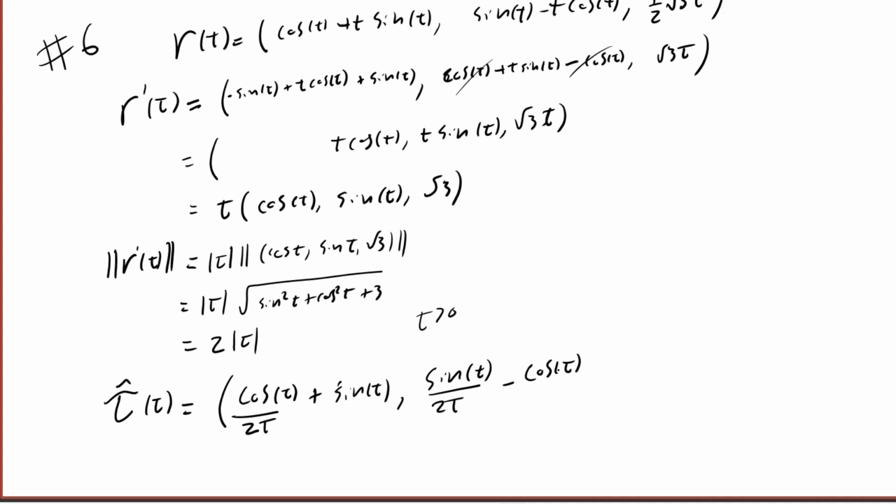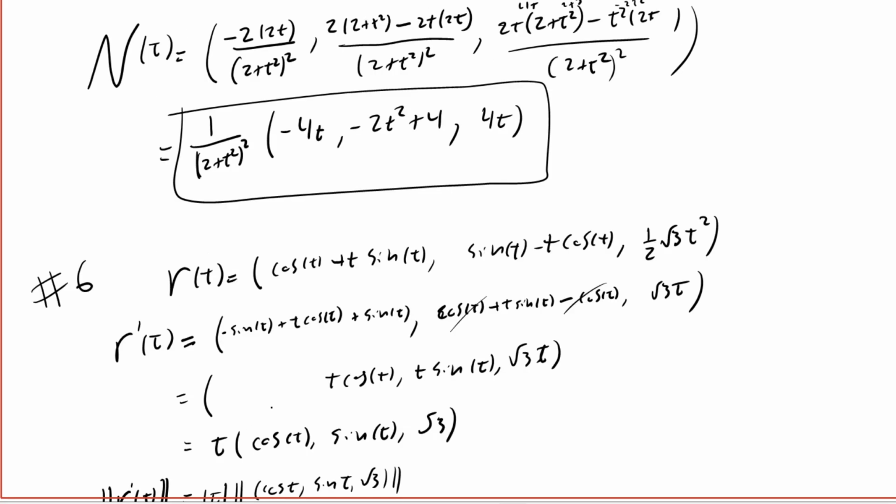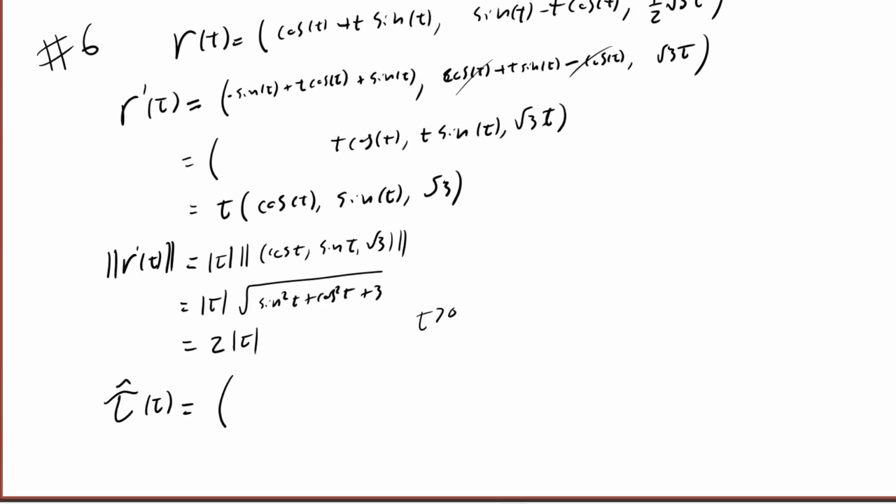No, I'm doing this wrong. I need to divide the tangent vector by 2t. There we go. Okay. So this is my tangent vector. Divide that by 2t, and I get cosine of t over 2, sine of t over 2, root 3 over 2.